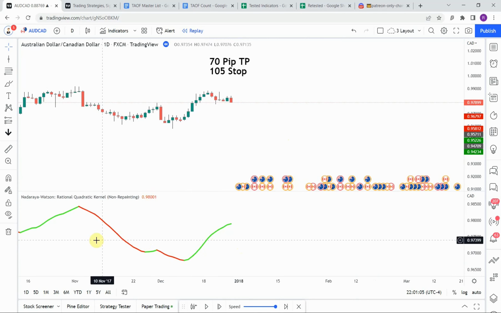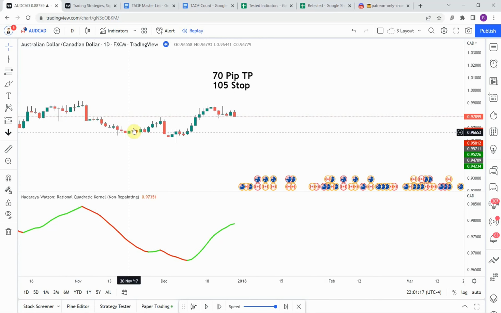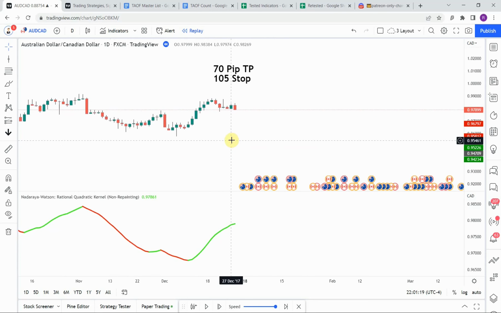All right, and so as you can probably guess, we have the oscillating line here, and with most moving averages that are up on the price action, generally what we are looking for is a price action break of the moving average.